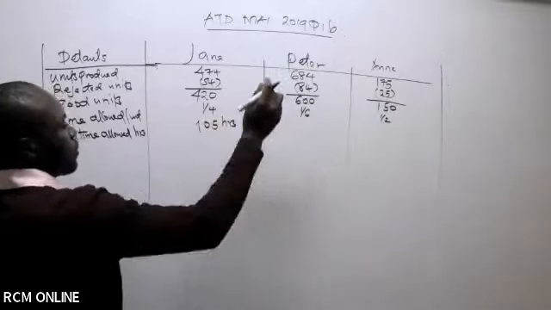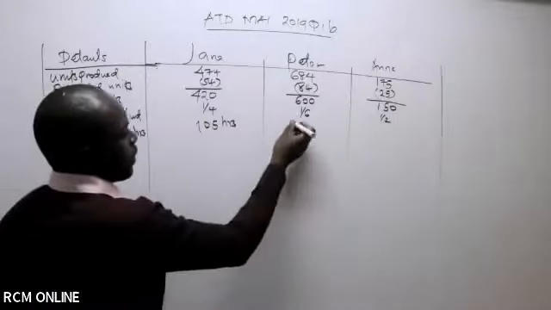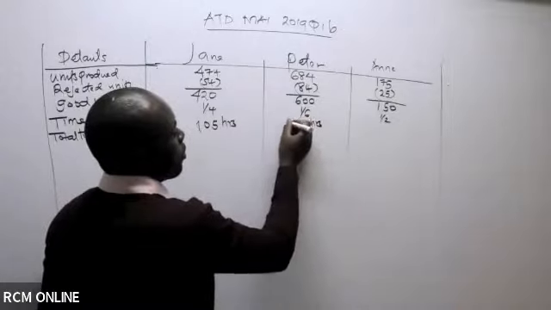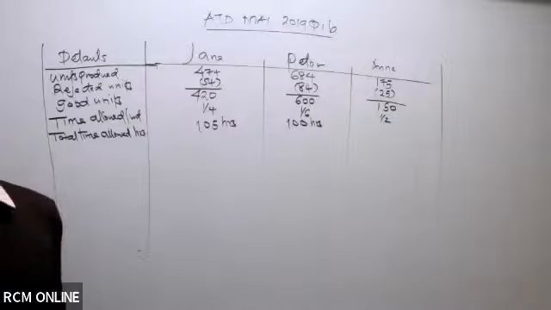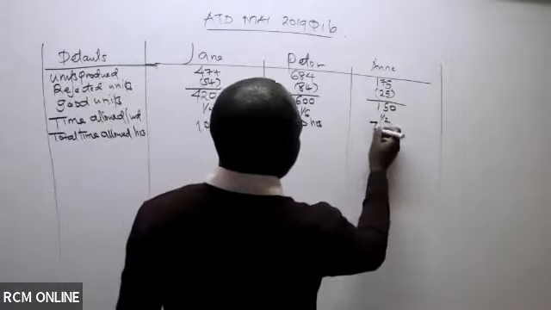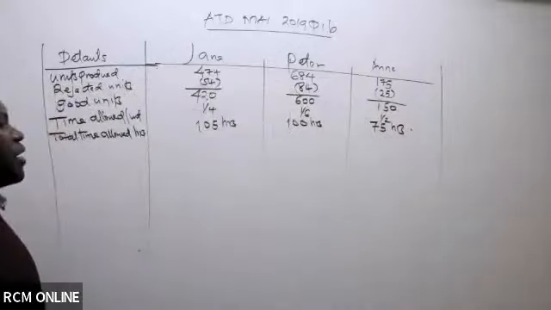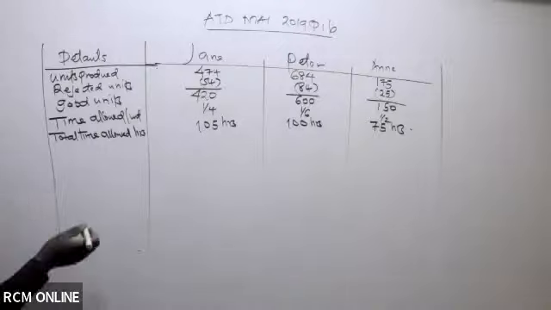A sixth of 600. Itakuwa ngapi? Itakuwa 100. Then half of 150. Itakuwa ngapi? 75 hours. Good.